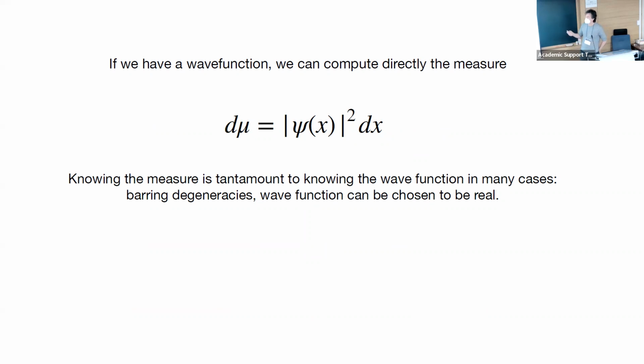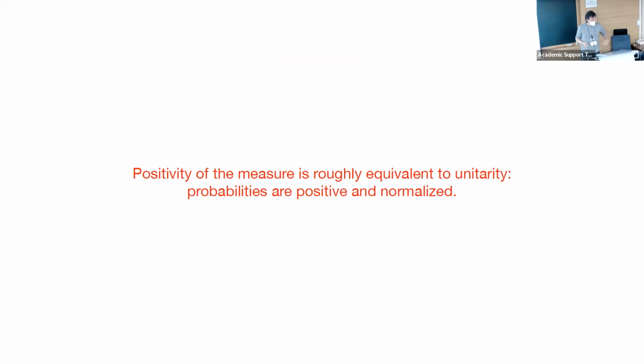But if the wave function is real, there's essentially a unique square root without singularities. So if you know the measure, roughly speaking, you know the wave function. So barring degeneracies, the wave function can be chosen to be real, and then this is what happens in 1D problems usually.